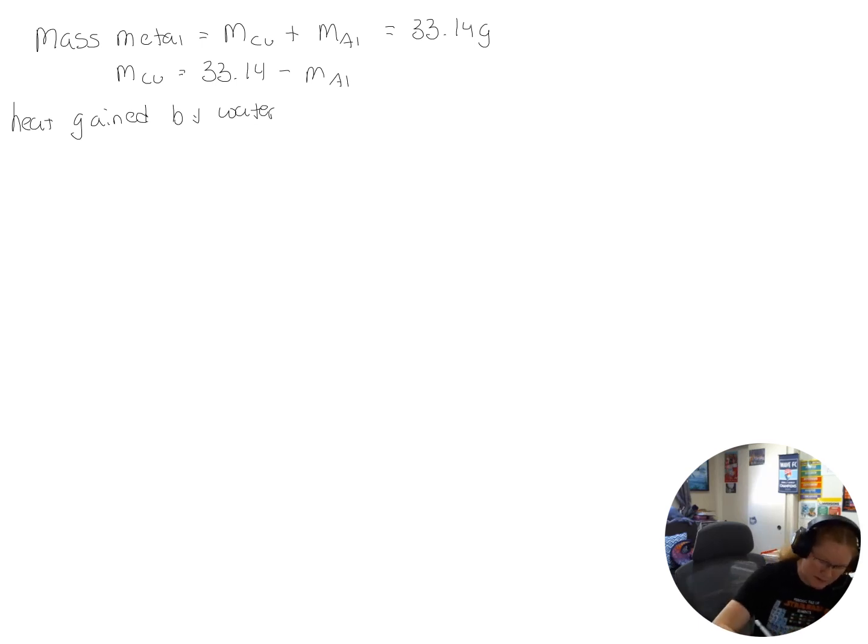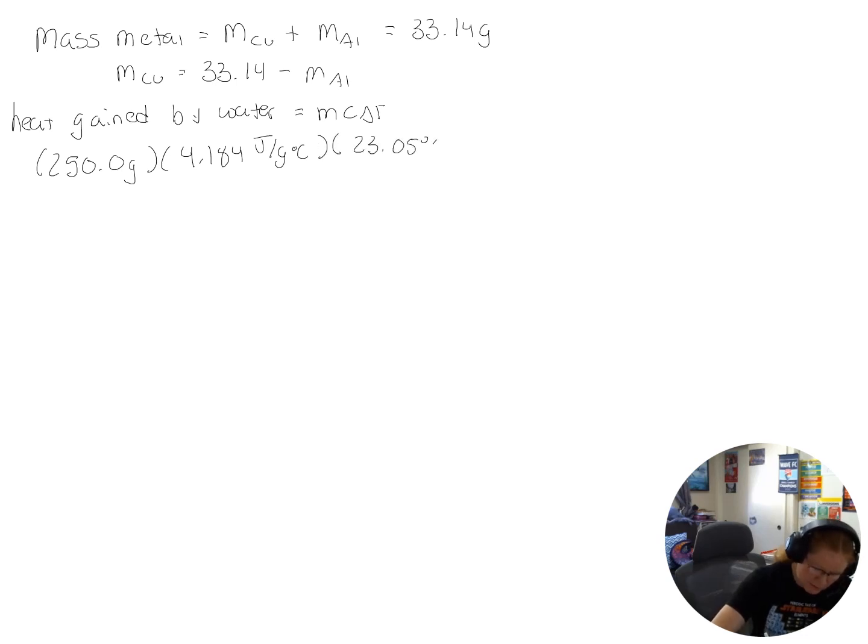is again going to be that MC delta T. All right, so we had 250 grams, 4.184 joules per gram degrees Celsius, and then 23.05 degrees Celsius minus 21.